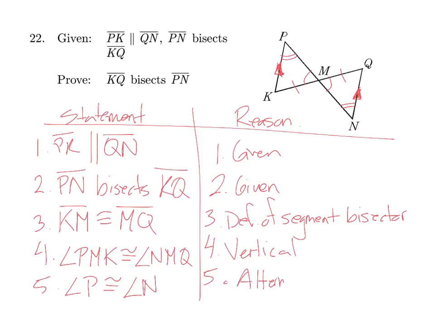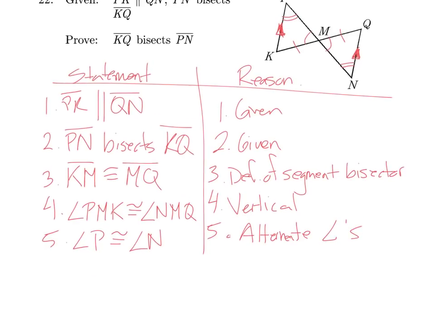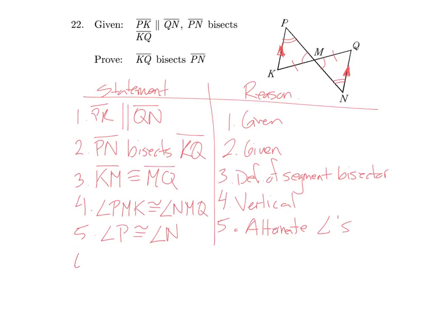They told you that the sides are parallel for a reason. Now I could say that the triangles are congruent. Triangle PMK is congruent to triangle NMQ, and the reason is AAS.